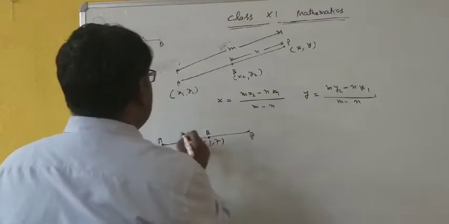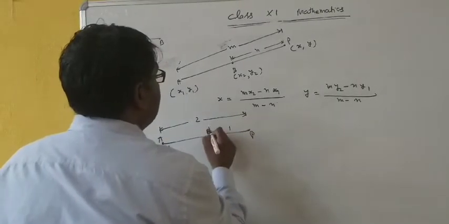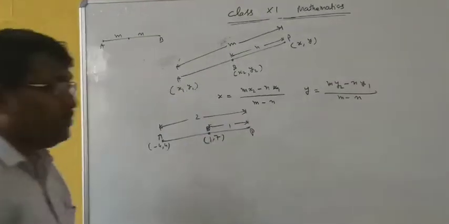Let P be this point. So this is dividing in the ratio 2:1.